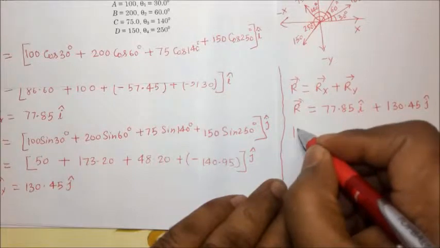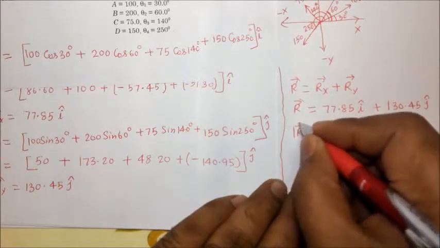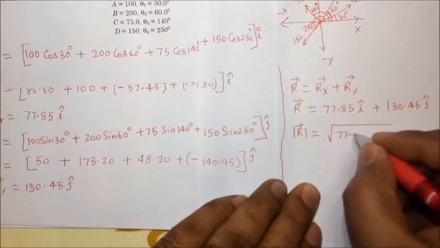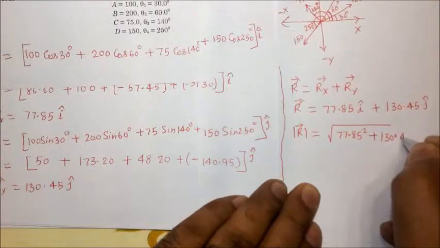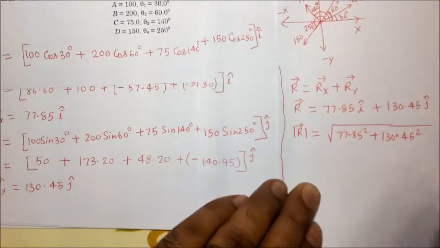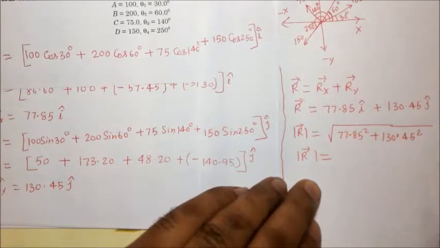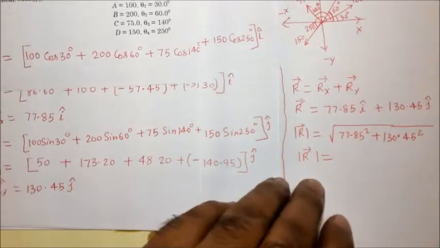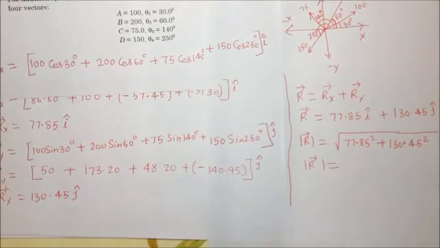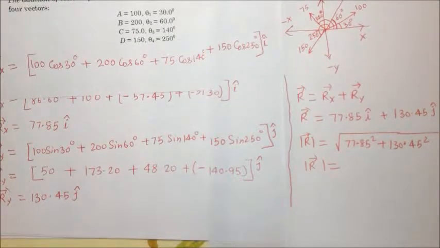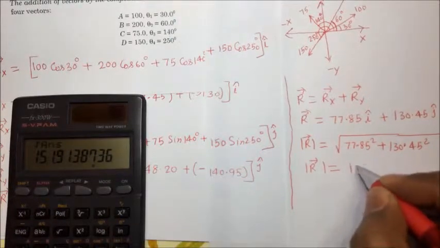Magnitude of R is going to be square root of 77.85 square plus 130.45 square. If you do this calculation, the magnitude of vector R is 151.91.